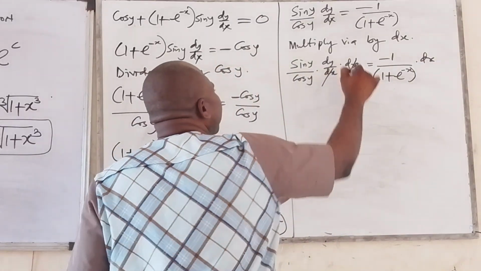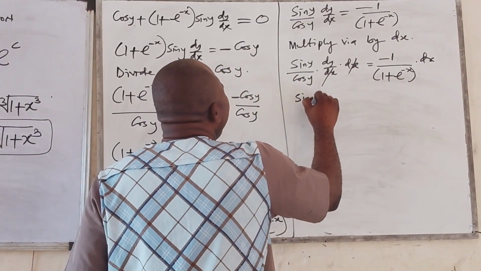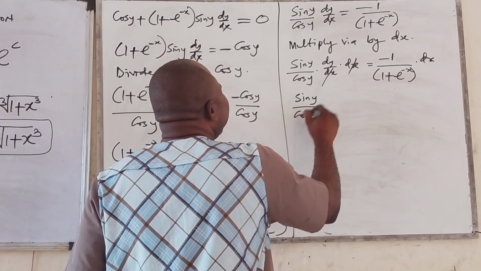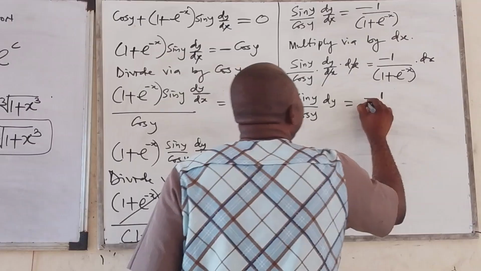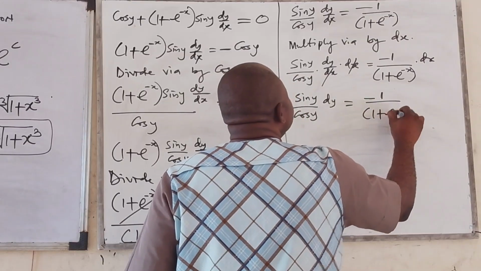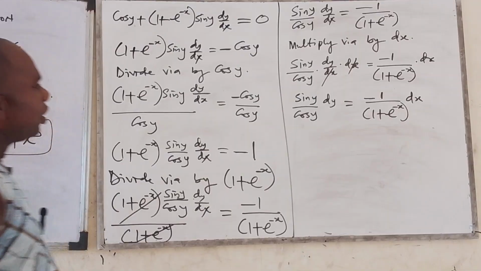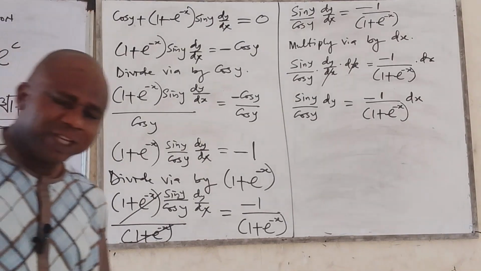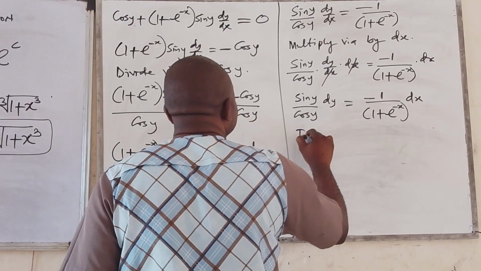Now this dx will go with this dx, and I will be left with sine y all over cos y dy is equal to minus 1 all over 1 plus e power minus x dx. So at this point, we can integrate both sides.